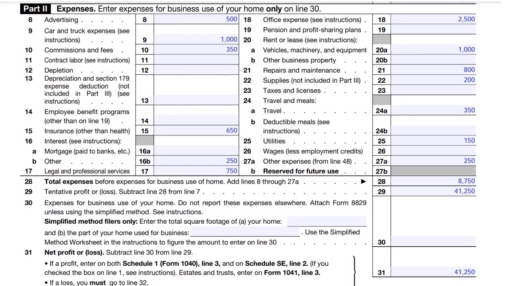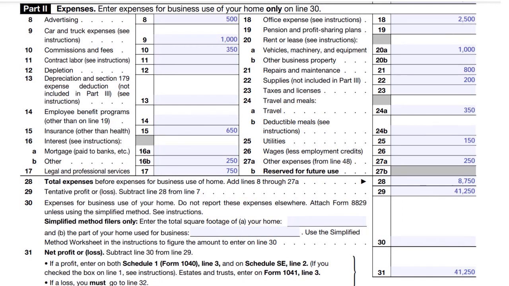And we have office expense $2,500, vehicles, machinery and equipment $1,000, repairs and maintenance $800, supplies $200, travel $350, utilities $150, and other expenses $250. When you add all the expenses, your total expenses are $8,750. So your provisional profit or loss is $41,250.